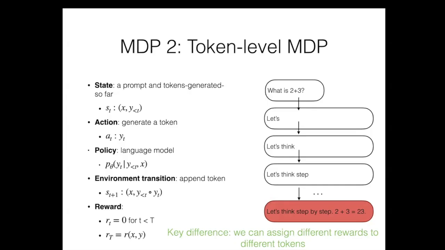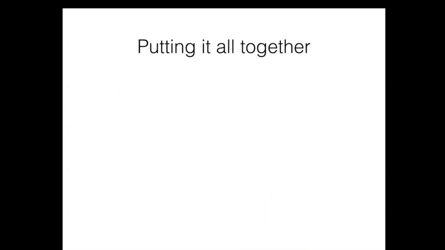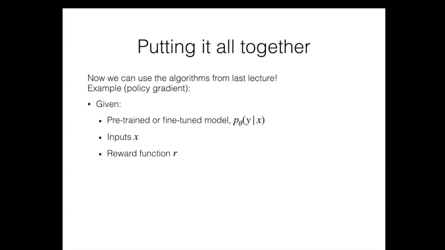Okay, but once you have an MDP, we can imagine again applying the algorithms from the last class. An example would be policy gradient or some better variation. And throughout today's lecture, we'll review exactly what algorithms we're using. But again, we can zoom out and take a look at the overall algorithm, and then think about which parts will vary in a particular application with a language model.